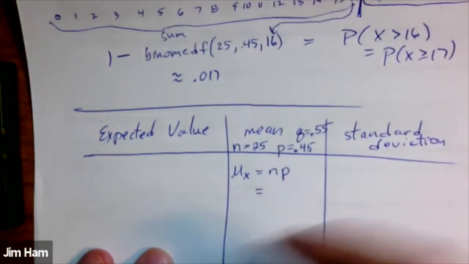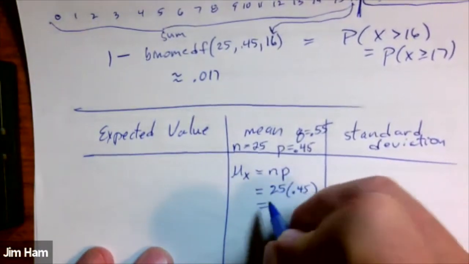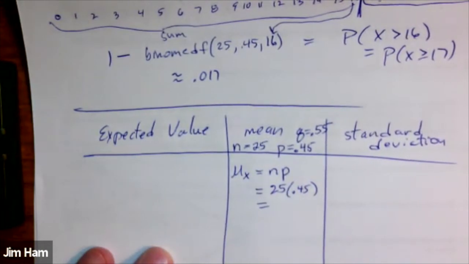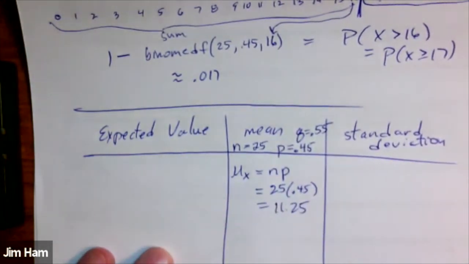It's very quick. 25 times 0.45, and I'm going to type that into my calculator, and we get 11.25. So you should find that when you look at the probabilities here, the one closest to the mean is going to be the highest probability. So probably 11 is going to be the highest binomial probability here.